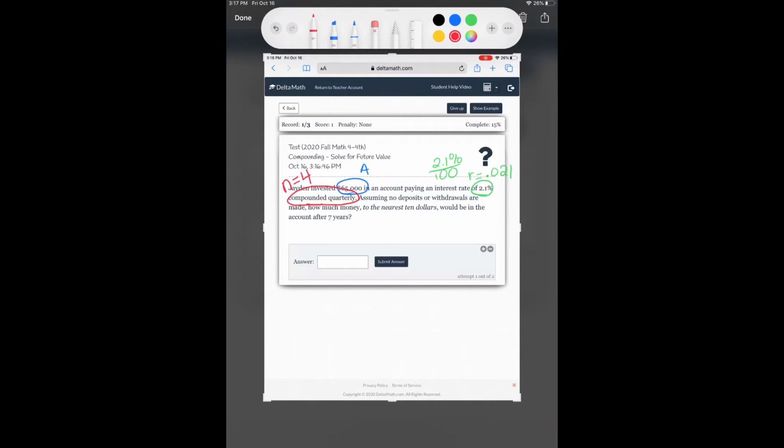And compounded quarterly, I now have a compound of 4 times a year. I also have a time, which is 7 years. So my formula here is y equals a times 1 plus r divided by n, raised to nt, because it's compounded.